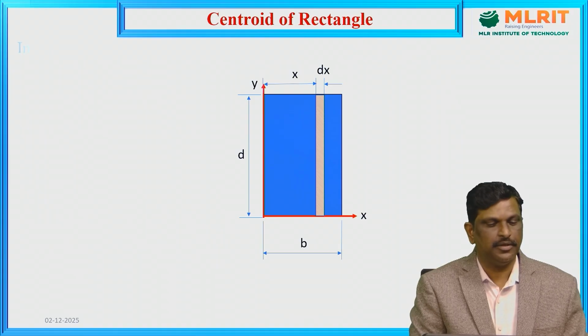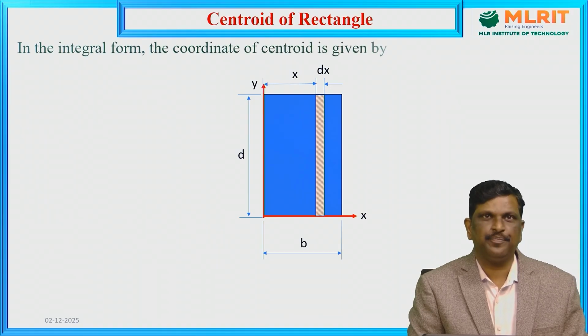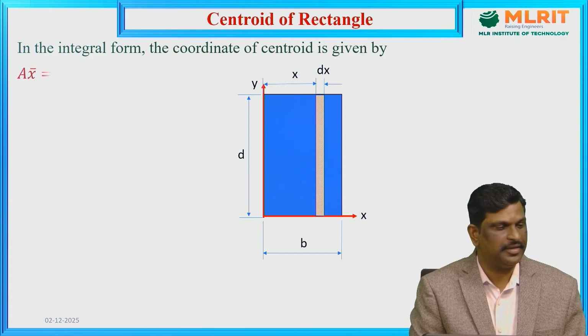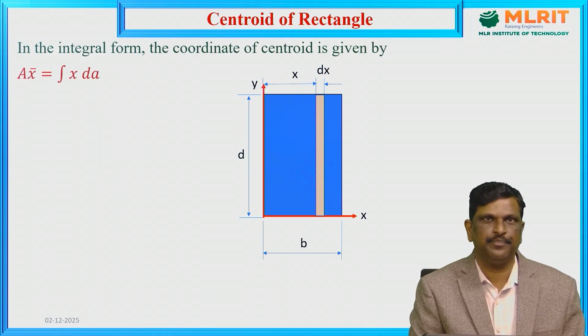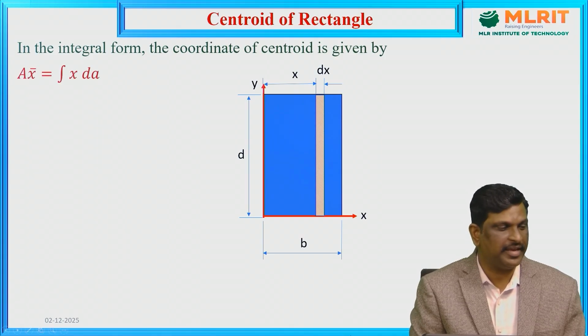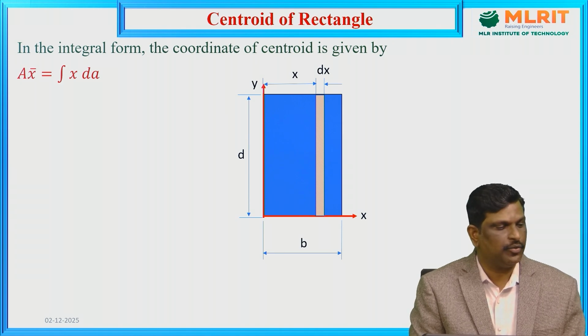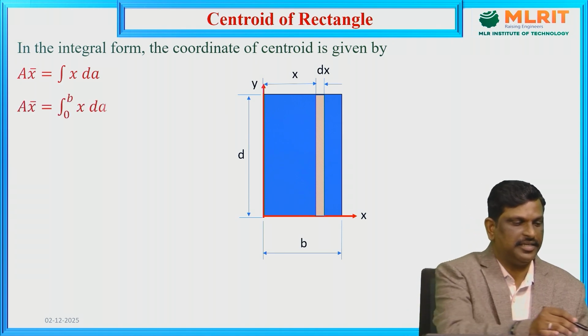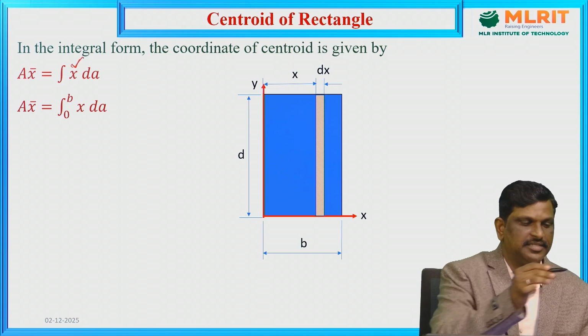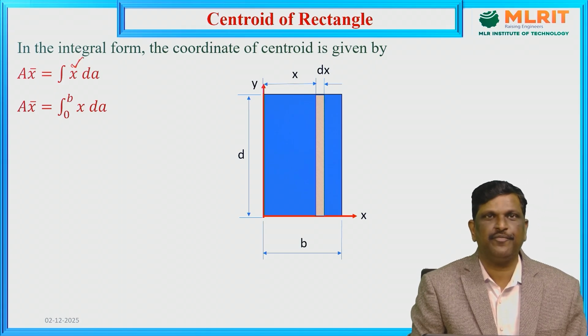Now, in the integral form, the coordinate of centroid is given by A x bar is equal to integral x dA, where A is the total area of the given shape. Here the shape is rectangle, the area is BD. Now, the x in the formula is the distance of the strip from y-axis.